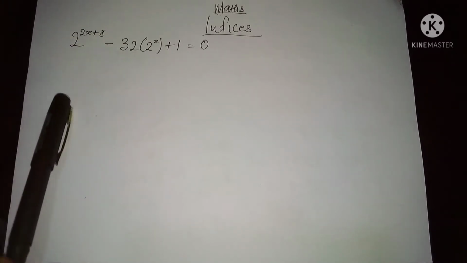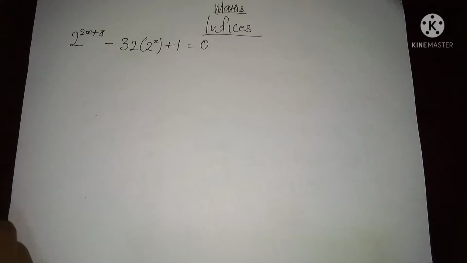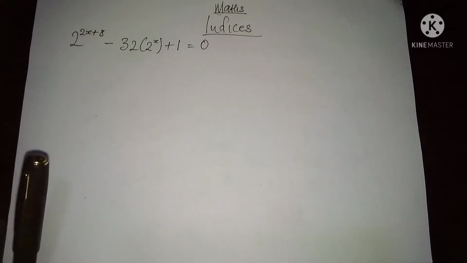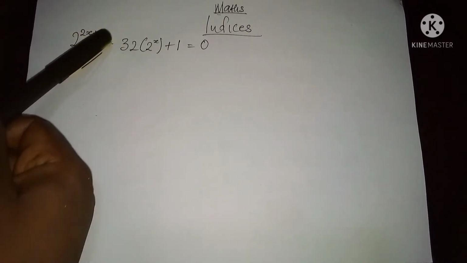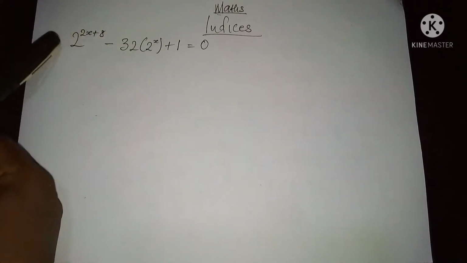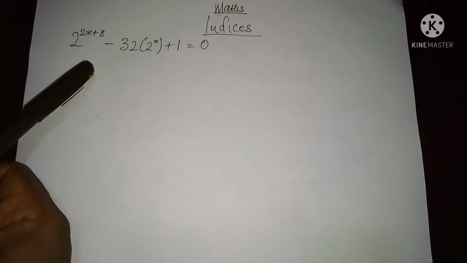Now, we can recall that anytime we have the same base and we're multiplying, we'll add the powers. Anytime we have the same base in indices and we are multiplying, we add the index. So we are going to take what we have here back to what it was for the sake of convenience.